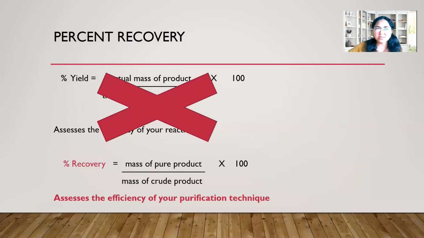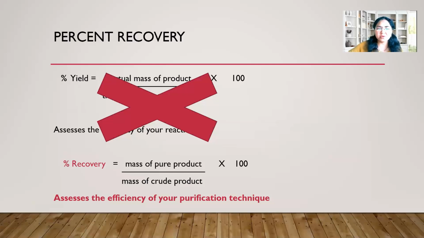About percentage recovery: generally at the end of any chemical reaction, you are expected to calculate the percentage yield. But this is not a chemical reaction. Recrystallization is a technique to purify your product. So in recrystallization, you are expected to calculate the percentage recovery, not the percentage yield.